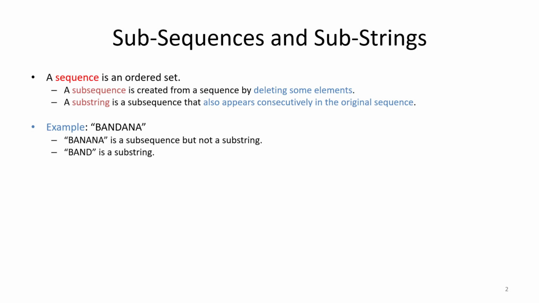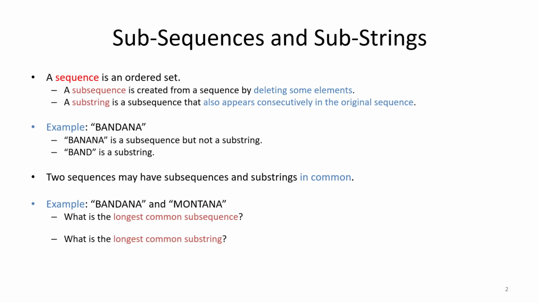The word band is a substring of bandana. It is a subsequence, and it is also a substring because it appears consecutively in the original sequence. Now we see banana is a subsequence but not a substring, so we have a couple examples of how we apply those definitions here.